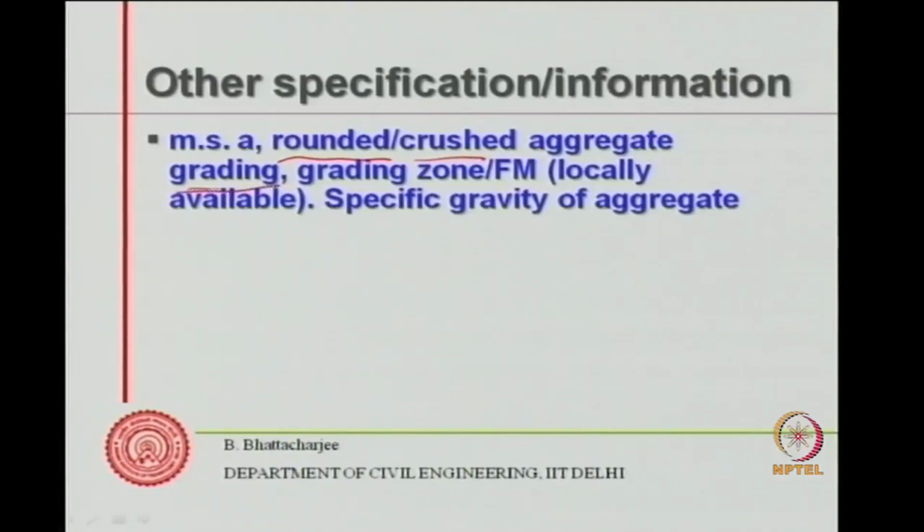Then grading, the proportion in each size, and that's what we have seen. The packing characteristics of the aggregate depend upon the proportion of each size that goes into the packing of the aggregate themselves.